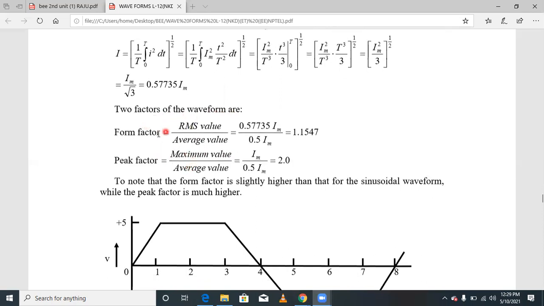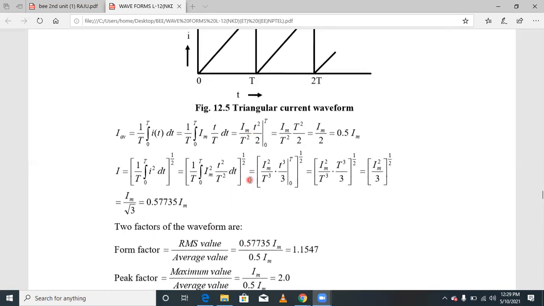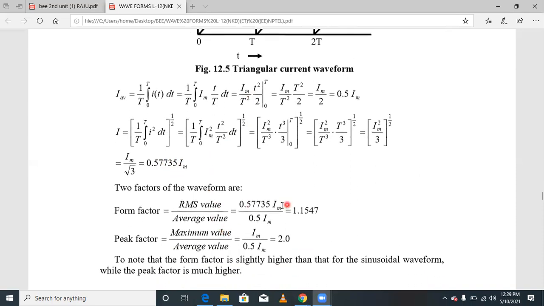Then two factors of the waveform: form factor is equal to RMS value by average value, and peak factor is equal to maximum value by average value. The RMS value is 0.5773 times Im, and the average is 0.5 times Im. Substituting here, we get 1.1547.